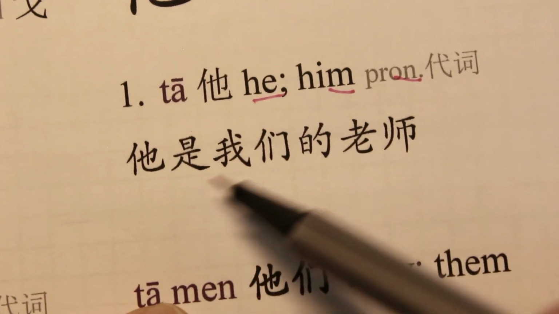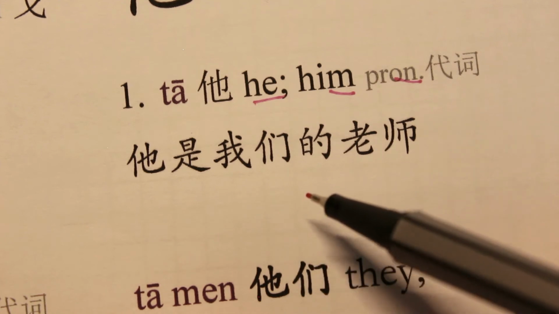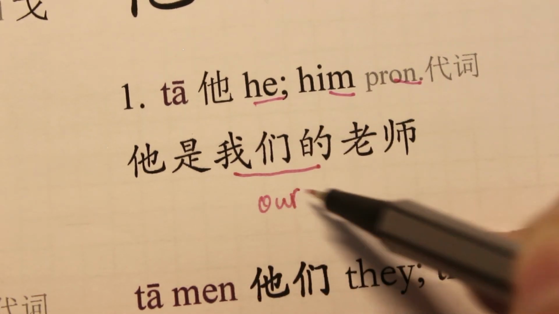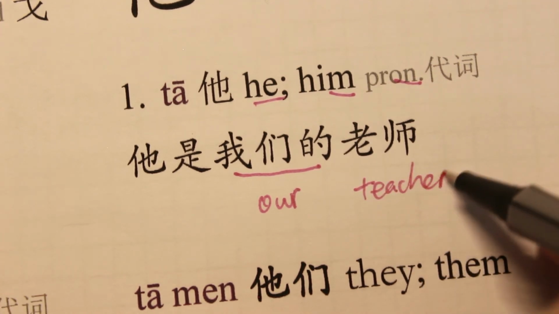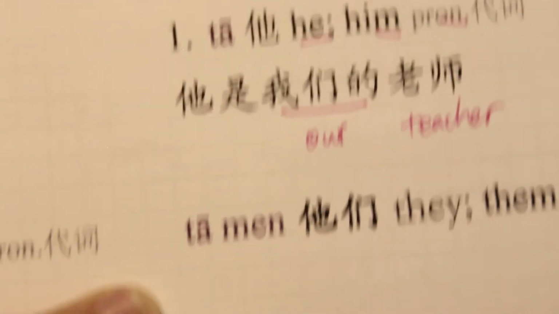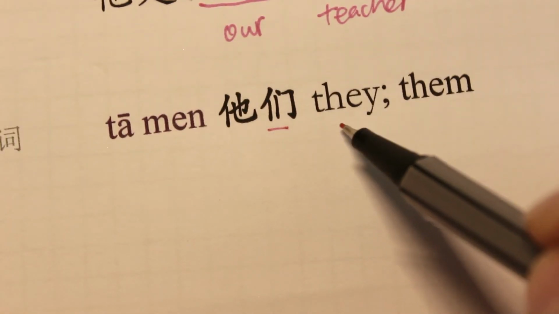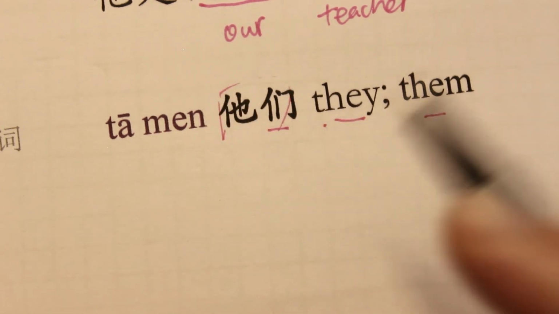Here, 他是我们的老师 means he is our teacher. 我们的 means our, and 老师 means teacher. He is our teacher. And if we add a 们, then 他们 means they or them.